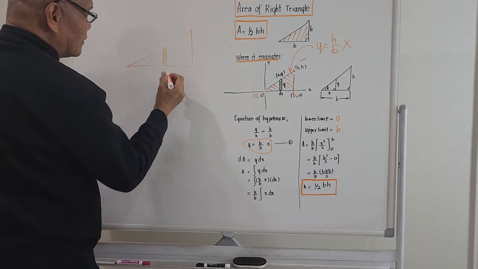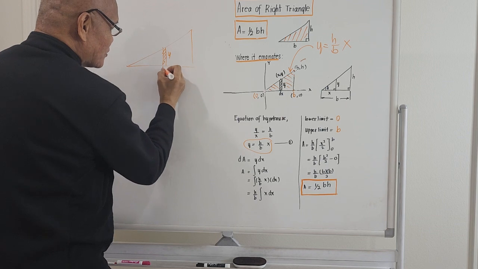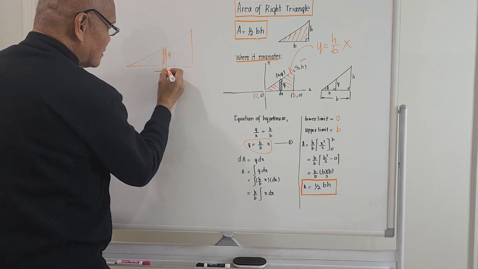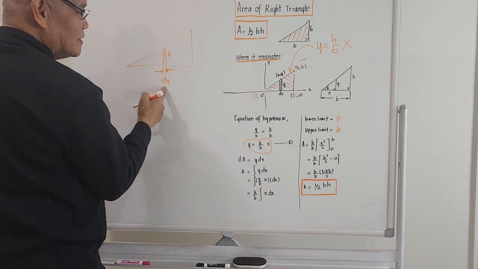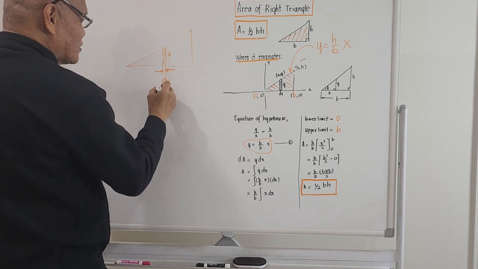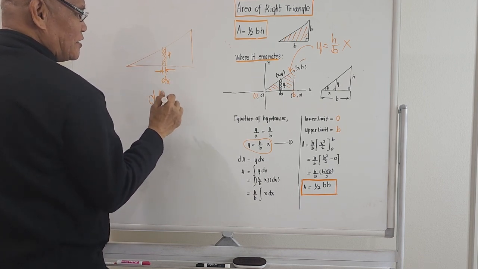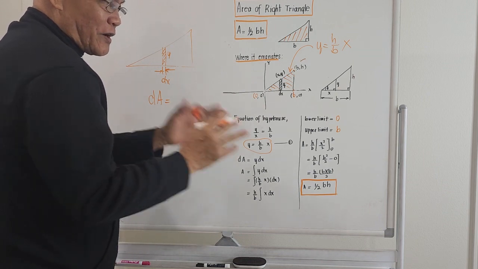The area of the vertical slice is actually this height here times this differential thickness. And this differential thickness is actually dx. And under integral calculus, the area of this one is represented as differential area. It is only an increment in the area of the right triangle.